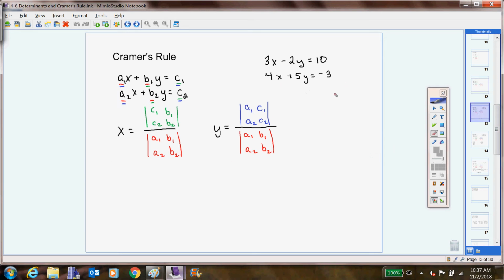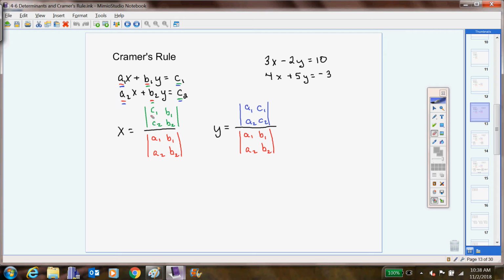So here's a sample. A is 3, B is -2, C is 10, A is 4, B is 5, C is -3. So what we can do then is take these numbers and begin to plug them in to these formulas. So our starting denominators will be 3, -2, 4, 5.